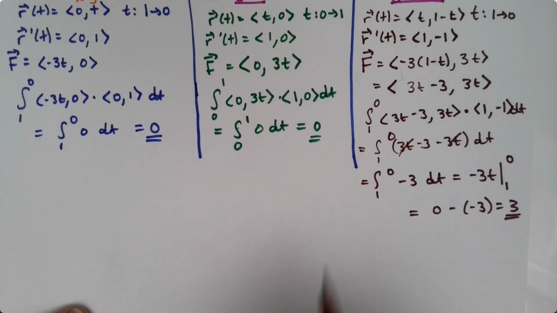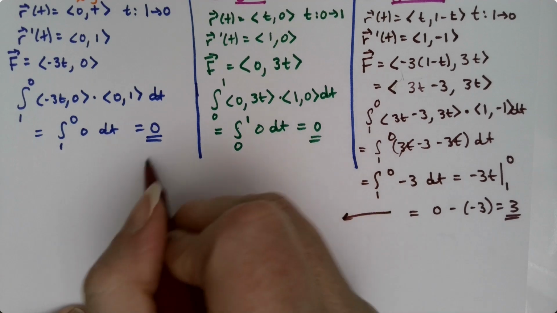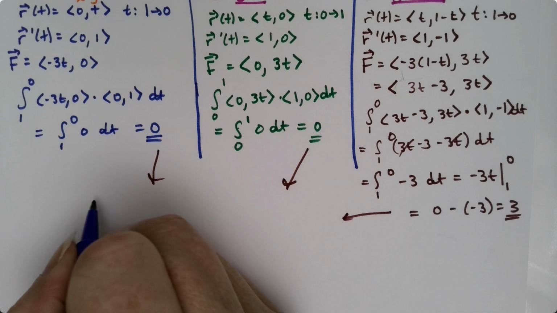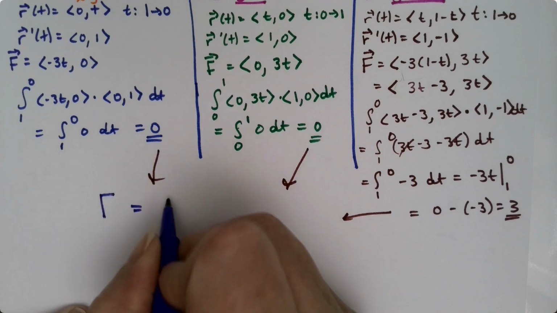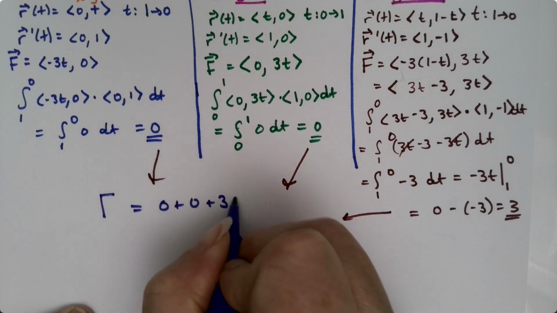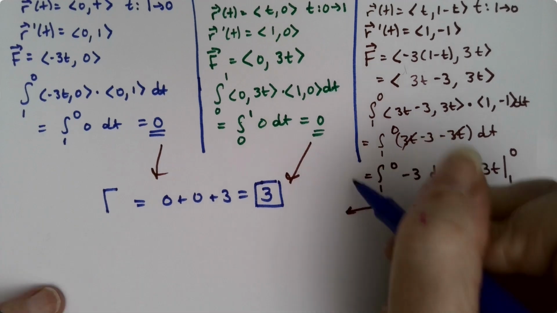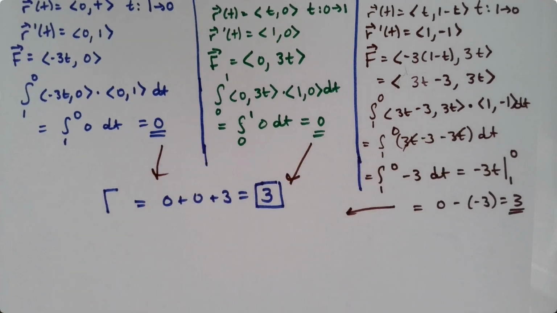Putting these all together, it just worked out that two of them were 0. So the circulation is 0 plus 0 plus 3, which is 3. That's the parameterization method, right? We would have to parameterize each curve on its own.